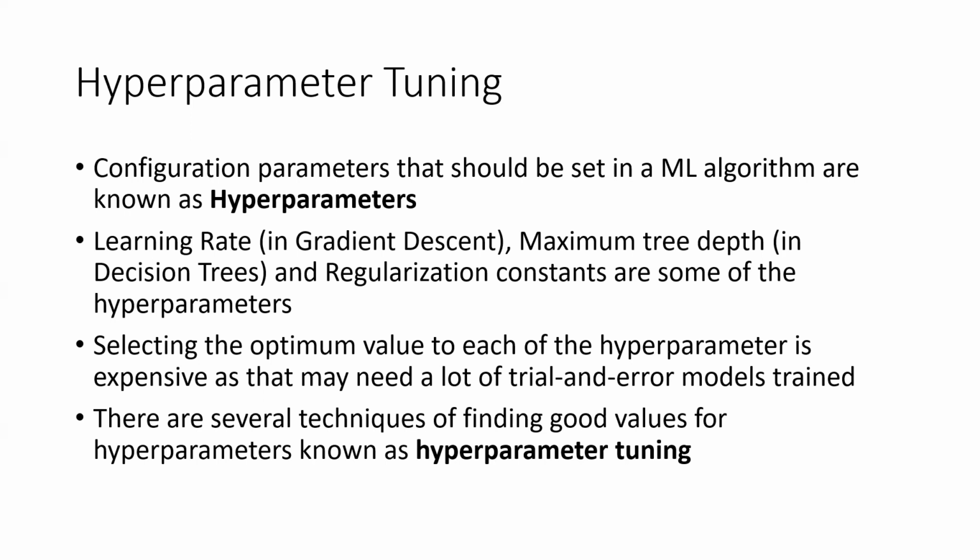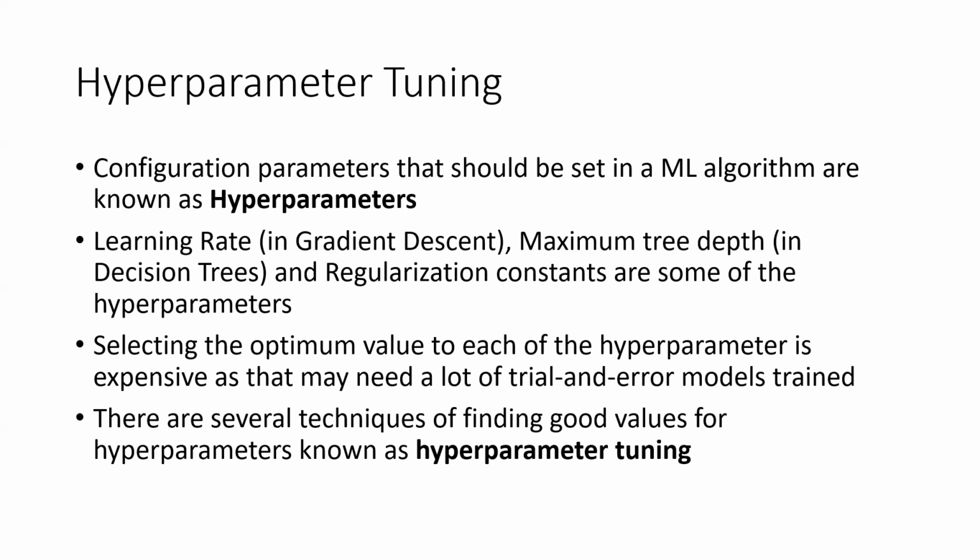The users can set some of the values with their past experience, but that may not be exactly the most suitable or optimum hyperparameters to be used. Finding the optimum hyperparameters for the machine learning process is known as hyperparameter tuning, right?